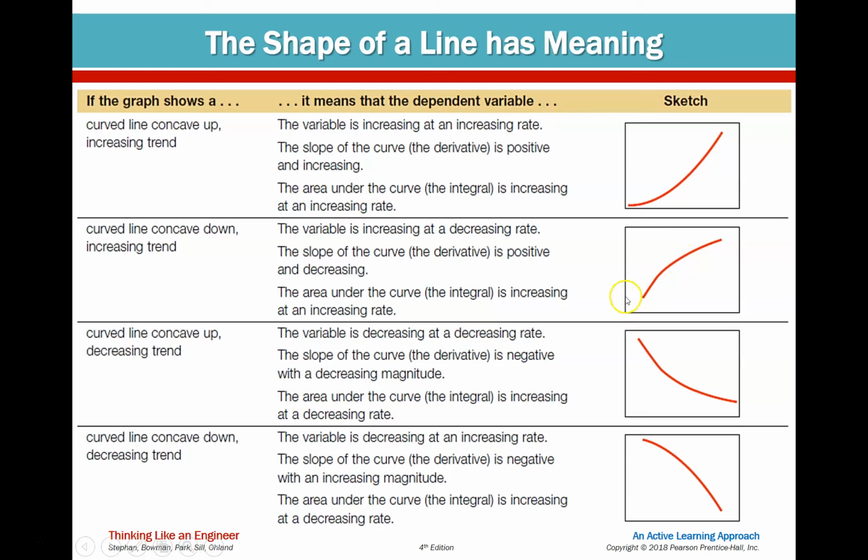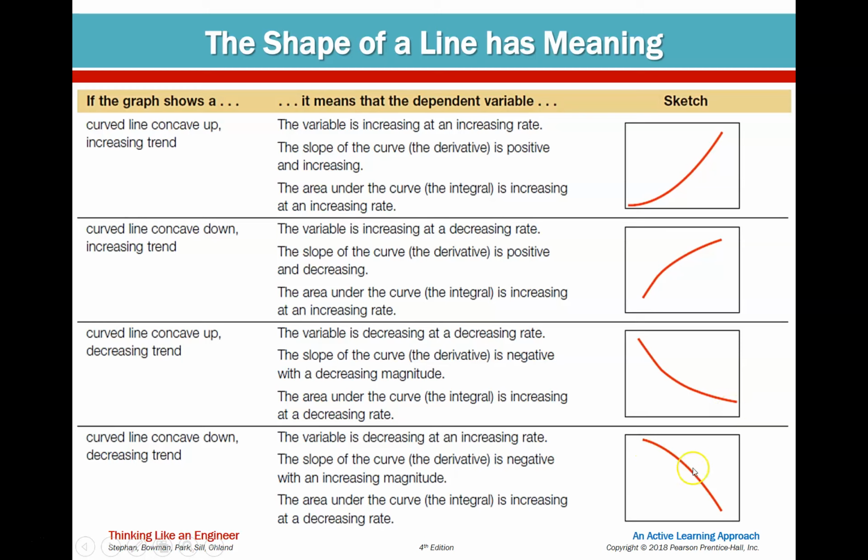Now, when the slope is negative, you get the flip side of both of those curves. So when the slope of that derivative is negative with a decreasing magnitude, the area under the curve is still increasing because it's still getting bigger. It's just getting bigger at a decreasing rate when you're concave up with a decreasing trend.